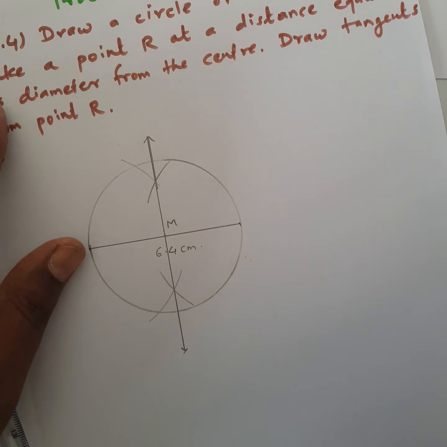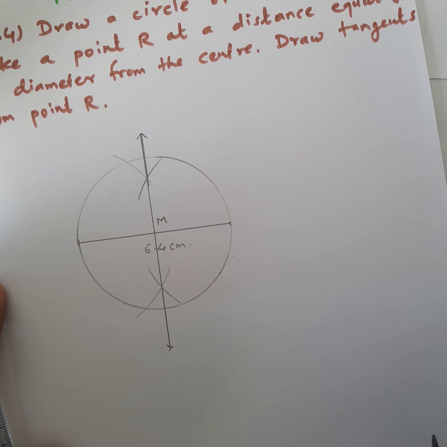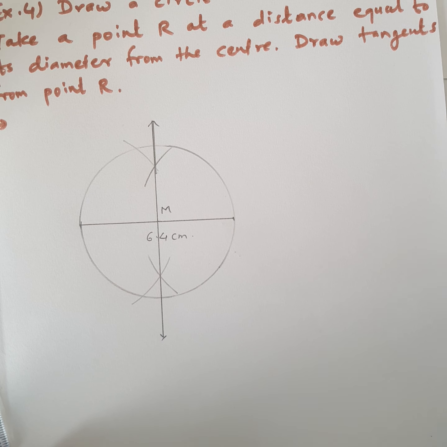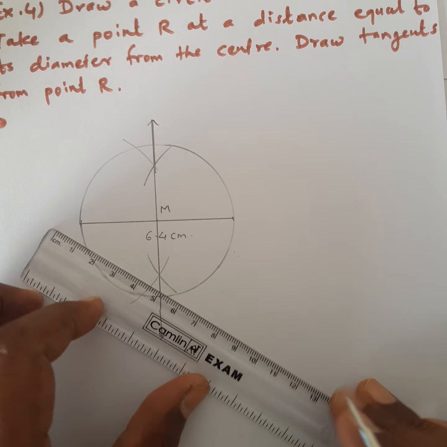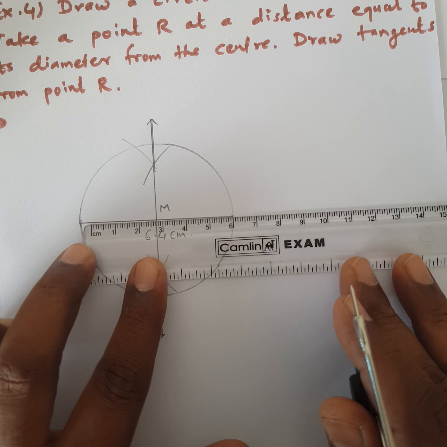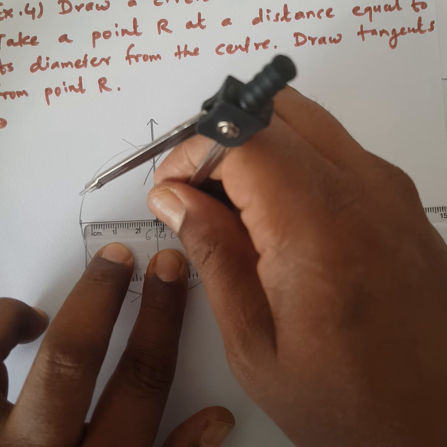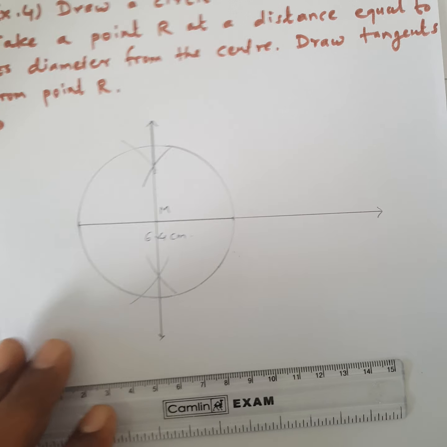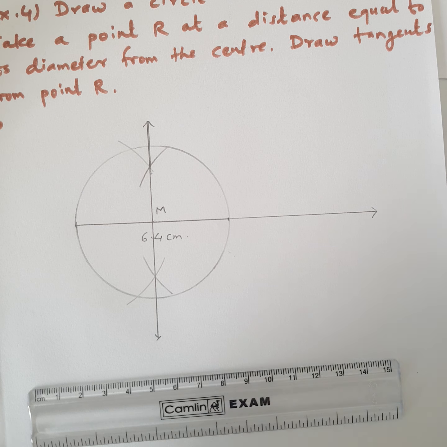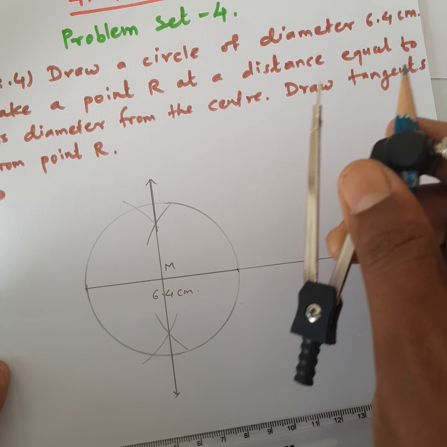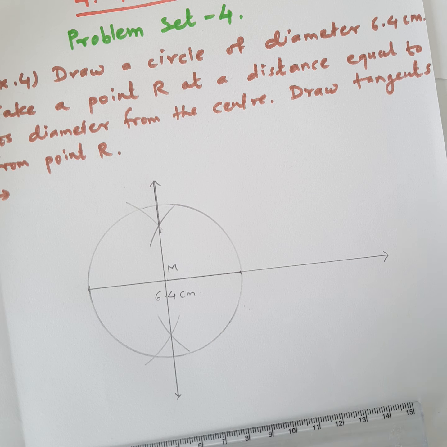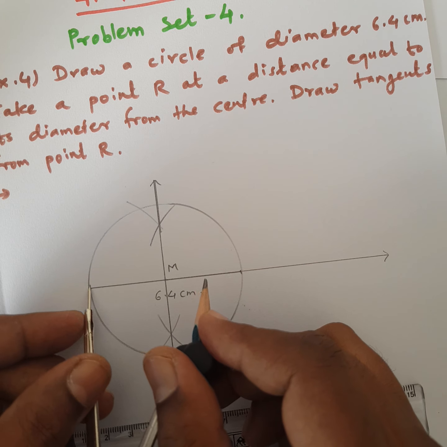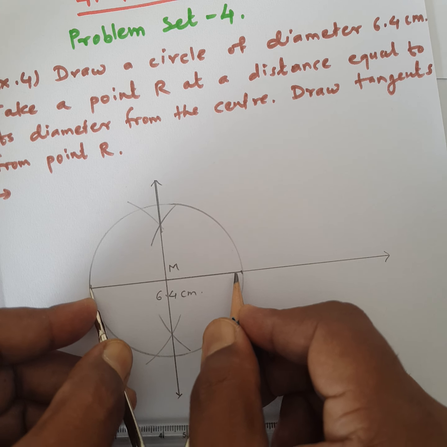Then they have asked, take a point R at a distance equal to the diameter from the center. Now we will extend the diameter on any side like this. Now we have to take point R at a distance equal to its diameter from the center. Equal to diameter means 6.4 centimeter. This was the 6.4 centimeter distance.